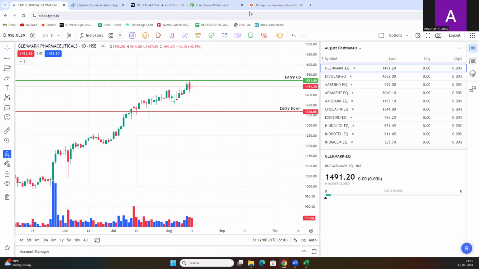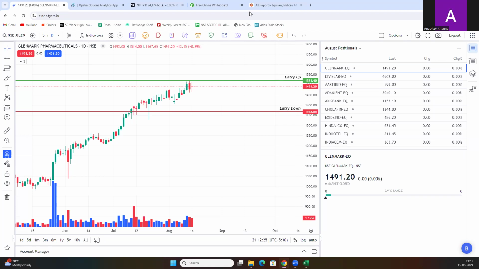For example, suppose three stocks came today in your radar. If none of them gives you entry tomorrow, that doesn't mean that you will remove them or throw them in your bin. You keep them in your watch list and keep an eye on them on Monday as well. If they don't give you entry on Monday, then Tuesday as well.